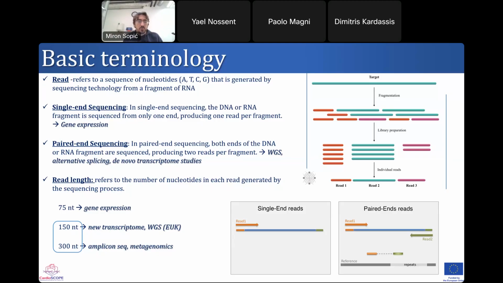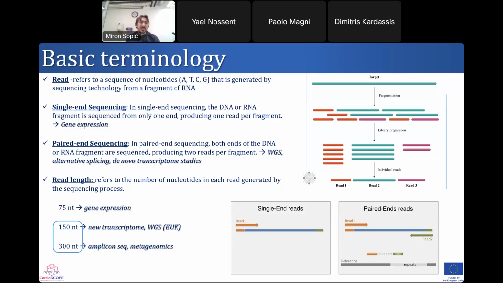Next, I want to give you a little bit of information about single-end sequencing and paired-end sequencing, although paired-end sequencing nowadays is becoming more and more popular. It is a little bit more expensive, I would say, but it gives you much more information and much more certainty to your data and to your process.